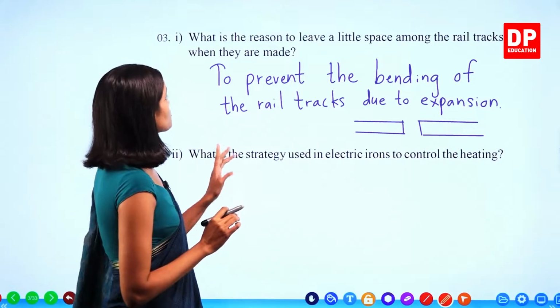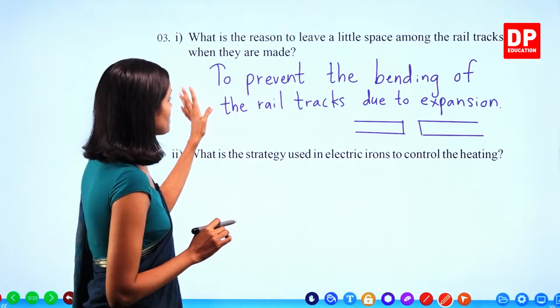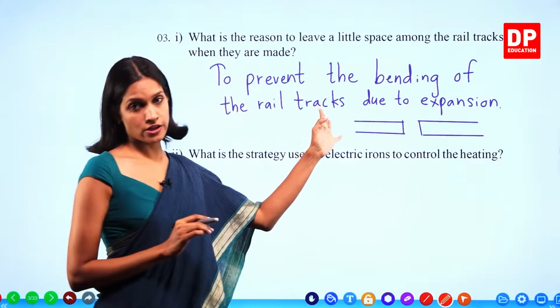Okay? To prevent the bending of the rail tracks due to expansion.